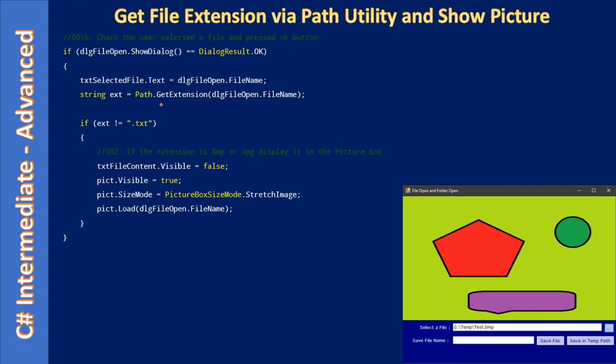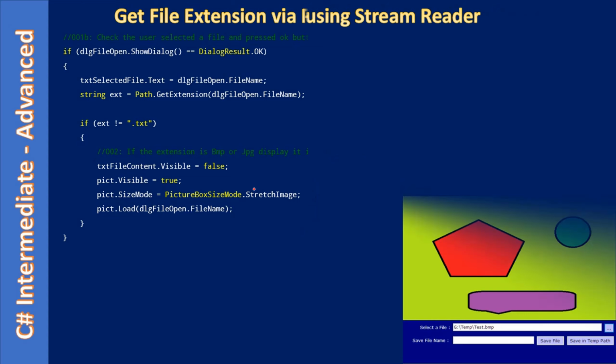We use a Path utility to get the extension from the file name, and based on that we perform the validation. Here we know that we are in the picture file format. Then we performed loading the image into the PictureBox control.